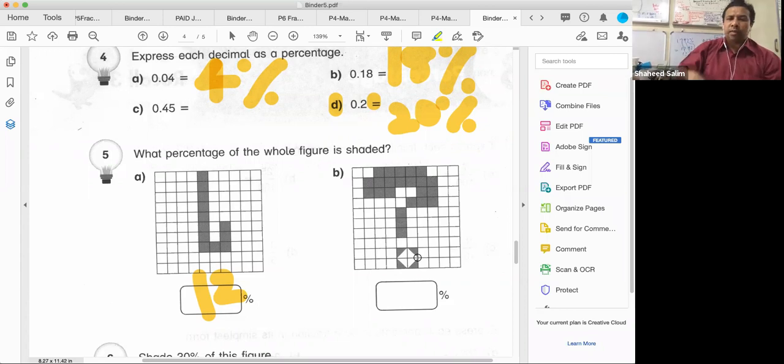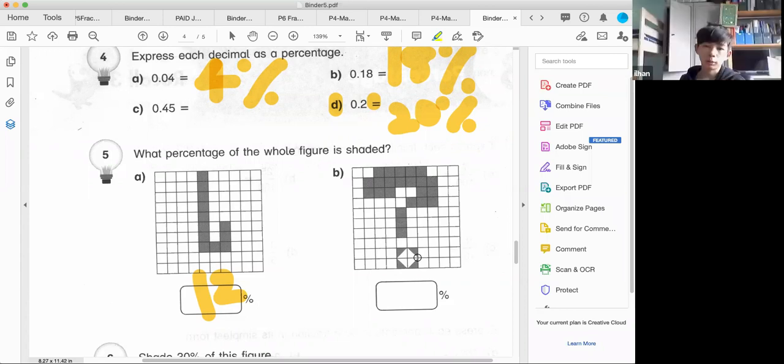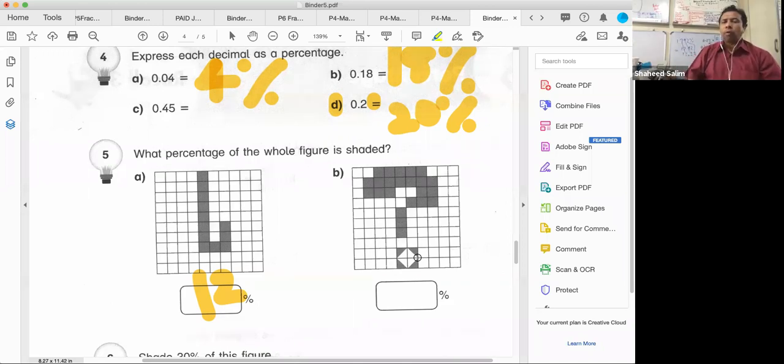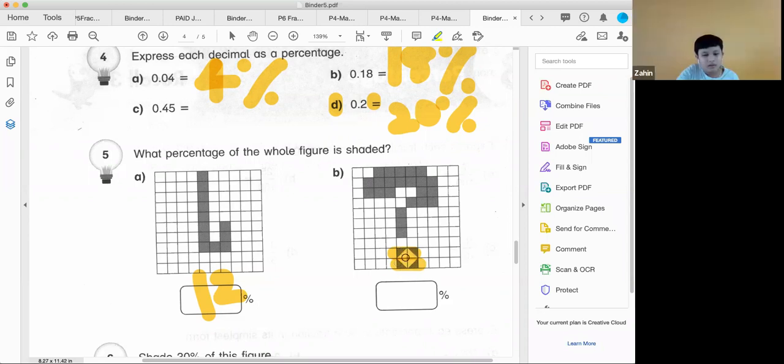Ilhan, how much did you get? This is half, no, Zahin. 2 halves make 1. So this is 1%. 23%. This one, I know.